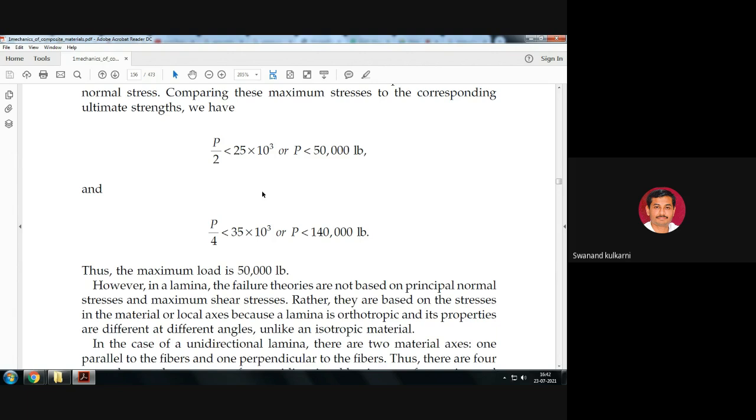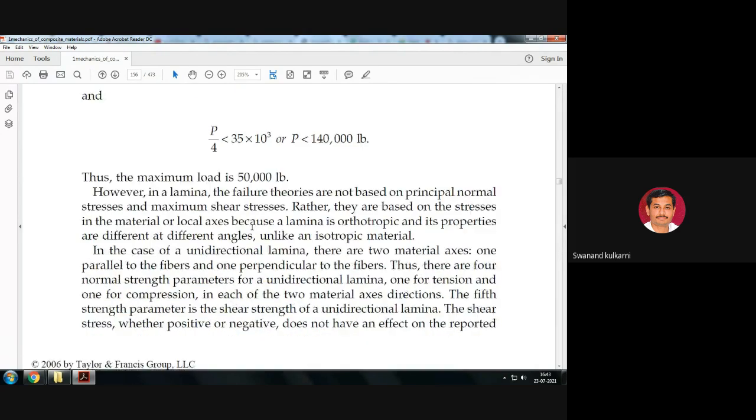50,000 is considered the safe limit and it should not cross beyond that, because in this kind of analysis the lesser value is always preferred, as it is considered the safe value. Out of 140,000 and 50,000, 50,000 is considered the maximum load that can be safely passed through this grey cast iron rod.